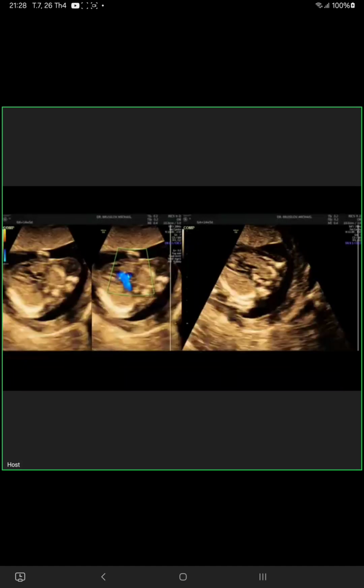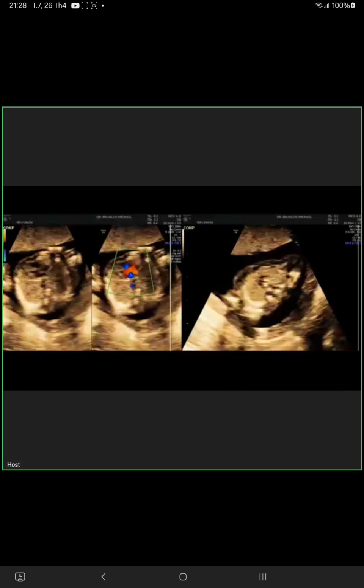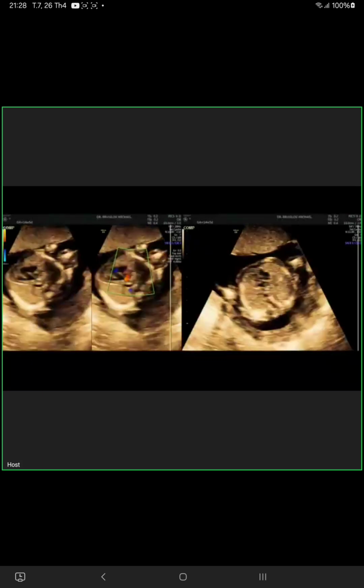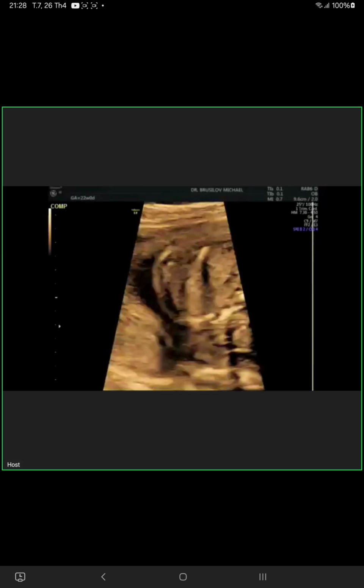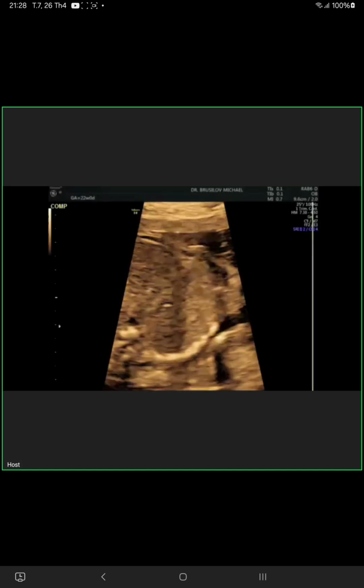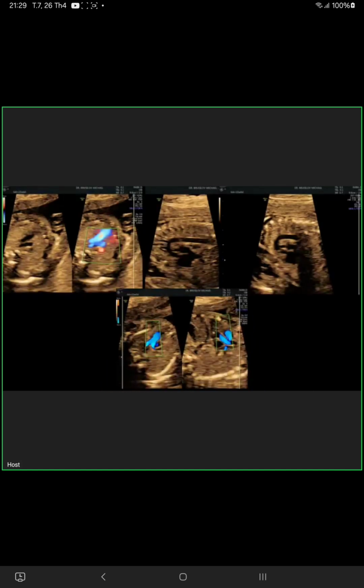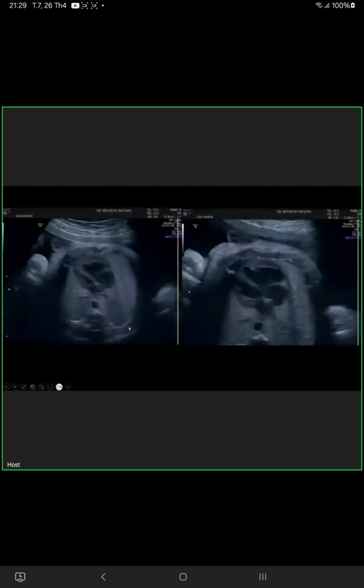Normal flow in every compartment of the heart and the great vessels. 22 weeks, subtle asymmetry, but not something prominent. Normal aorta, normal aortic arch, normal flow through aortic valve and pulmonic valve.